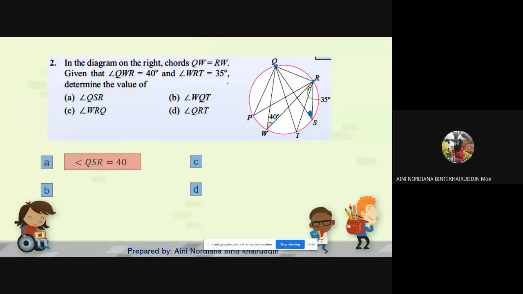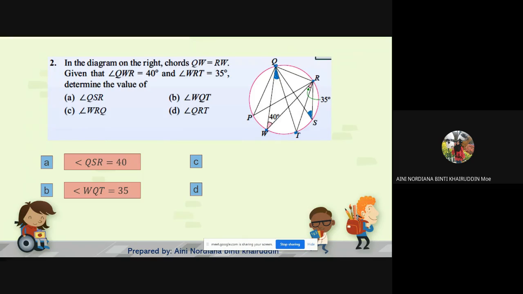Next B, angle WQT. So angle here equals 35 because it came from the same arc WT, WT to the circumference. So here 35.